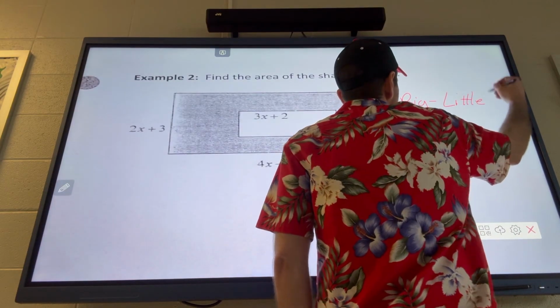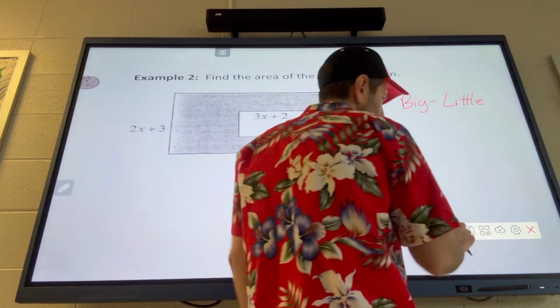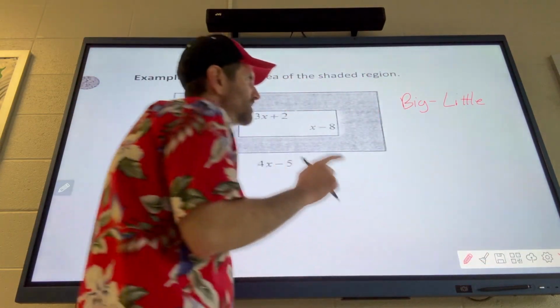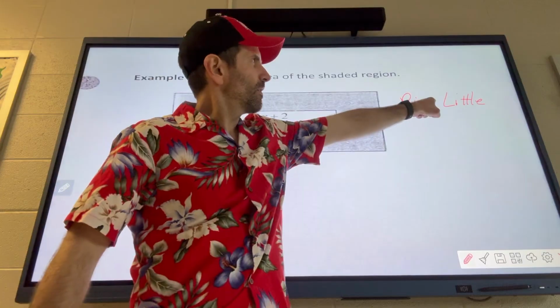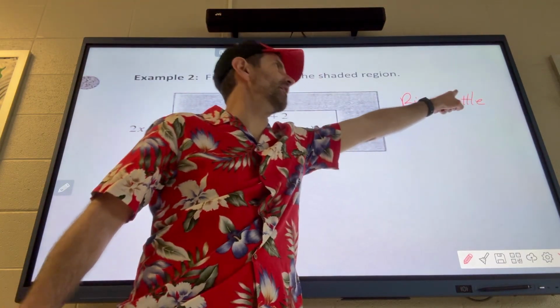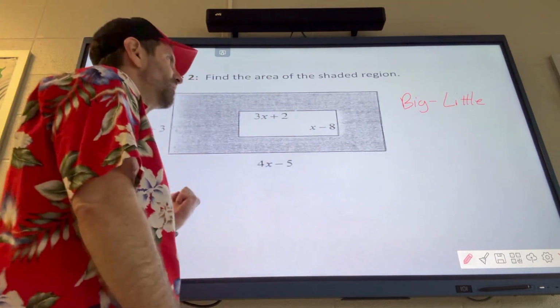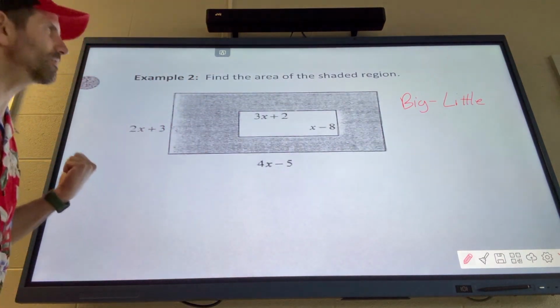Big minus little. But you do have to be careful here, okay? Because see that subtraction? We're going to have to subtract whatever polynomial we get for the area of the little. So we want to be careful to actually subtract the polynomial, not just one of its terms.